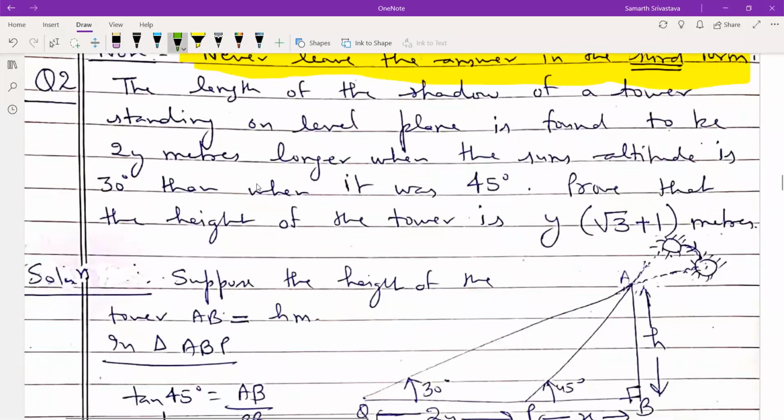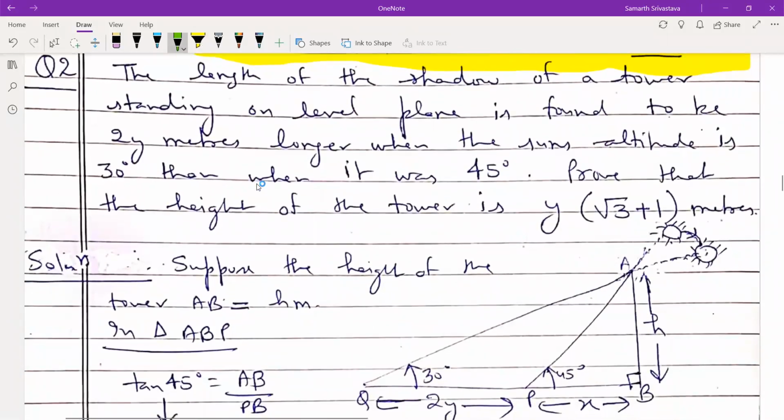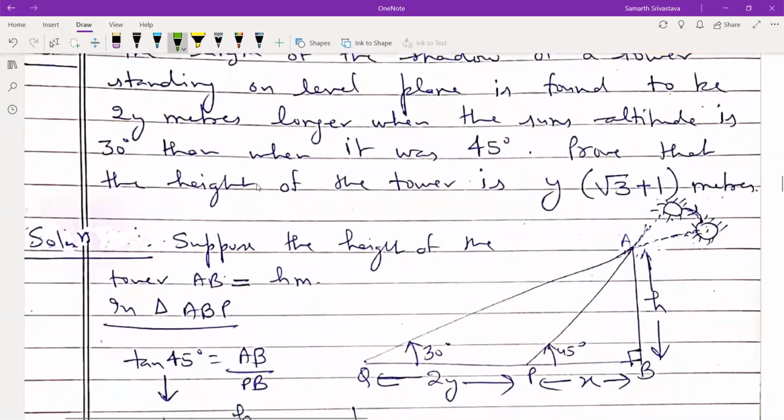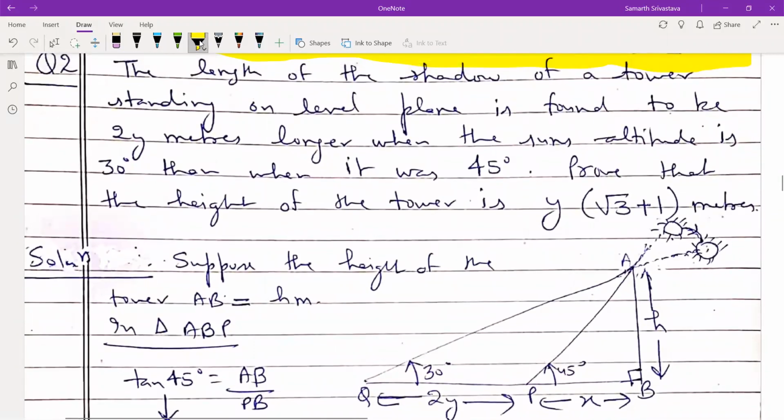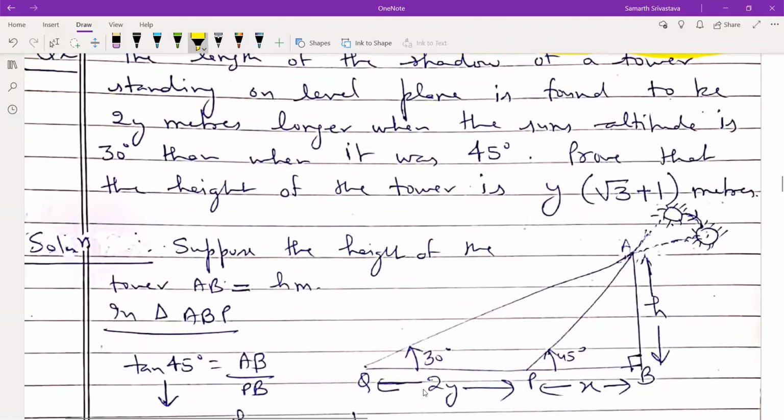Now let us take one more case. Question number 2: The length of the shadow of a tower standing on a level plane is found to be 2y meters longer when the sun's altitude is 30 degrees than when it was 45 degrees. Prove that the height of the tower is y into root 3 plus 1 meters.